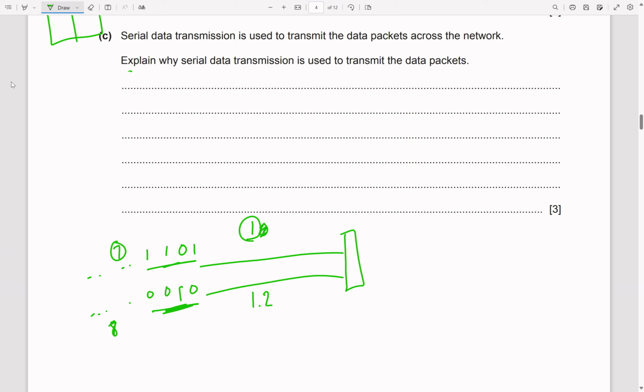Let's say, and I'm just going to write in shorthand, serial data transmission, DT, is suitable for long distance, because skewing won't occur, hence no synchronization issues.